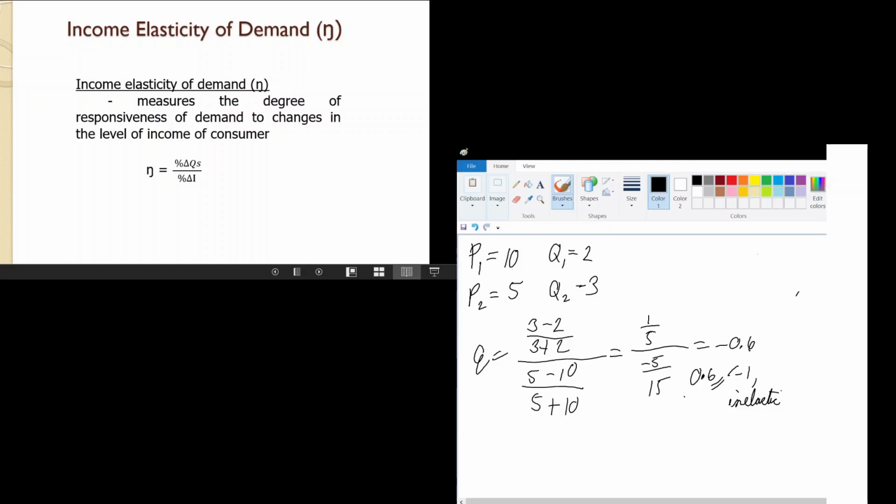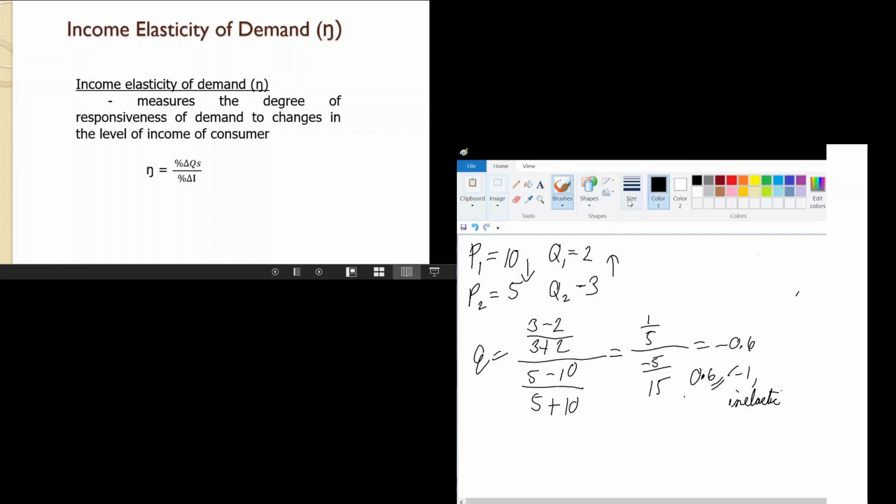Okay, so, tingnan natin anong nangyari sa price natin. So, yung price natin, bumaba siya. So, from 10 to 5. Tapos, yung Q1 natin, tumaas siya.